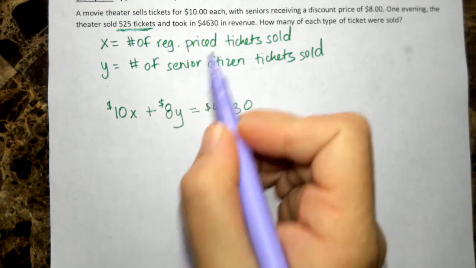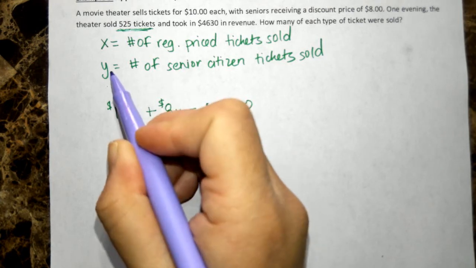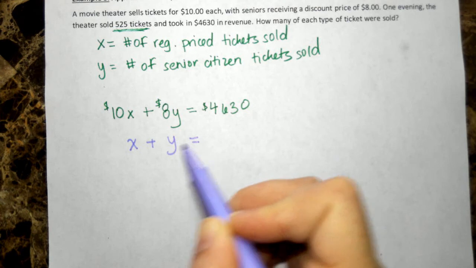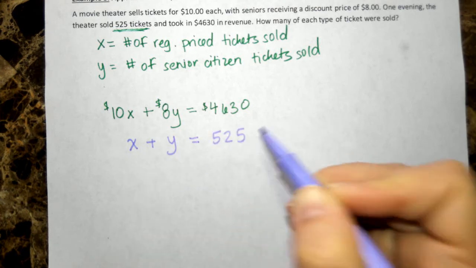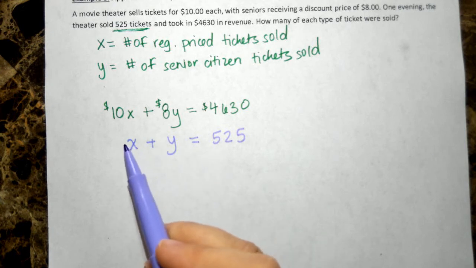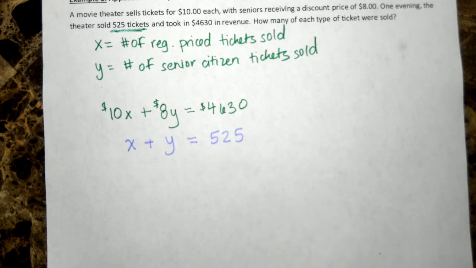We know that X is all the regular price tickets and Y is all the senior citizen tickets. And we know that in total there was 525 tickets sold. Okay, we're not talking about money here. This is just how many regular price people came in and bought a ticket, how many senior citizens came in and bought a ticket, and this is how many people there were total.